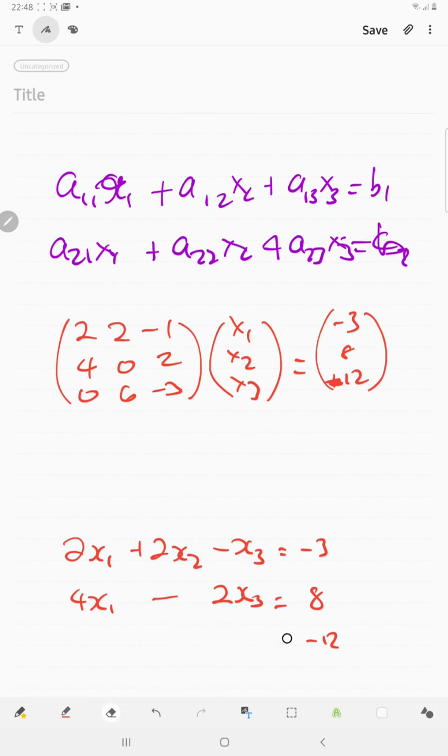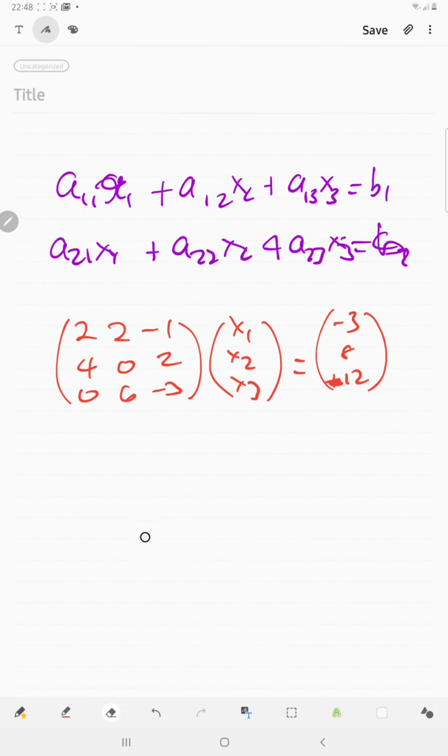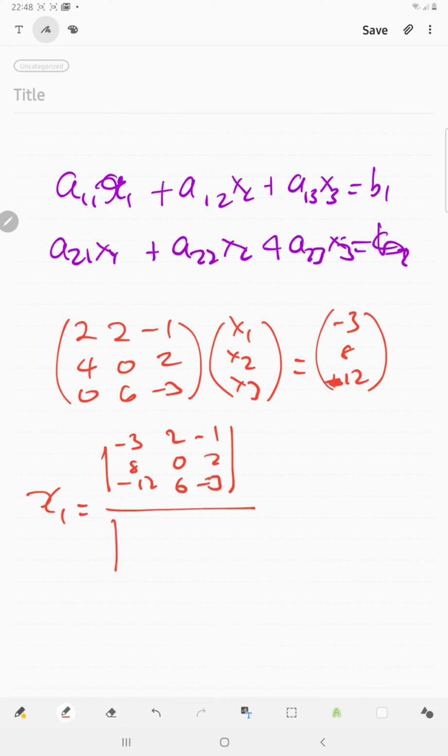Once you do that, you can ask, so what is my x1? For x1, you take the determinant of -3, 8, -12, 2, 0, 6, -1, 2, -3, over the determinant of 2, 4, 0, 2, 0, 0, -1, 2, -3.